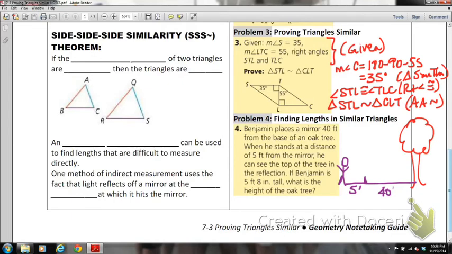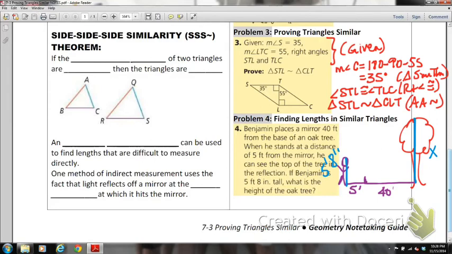Let me find a different color. His height is 5 feet 8 inches. And so the question is, how tall is the tree? So that's what your x is, the height of the tree.